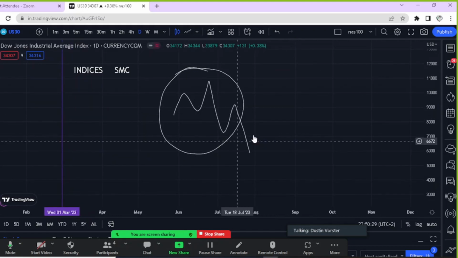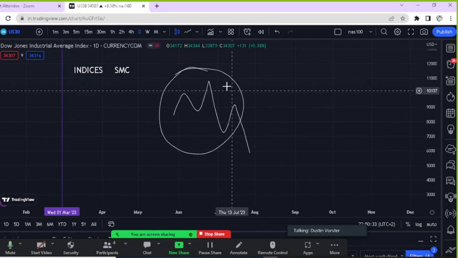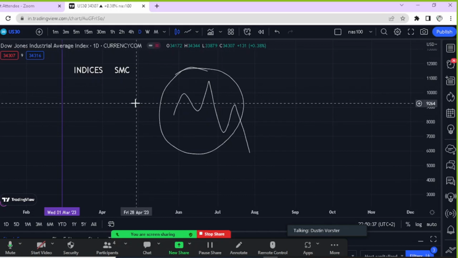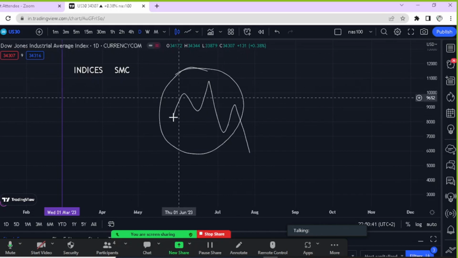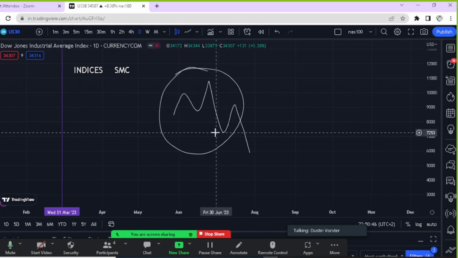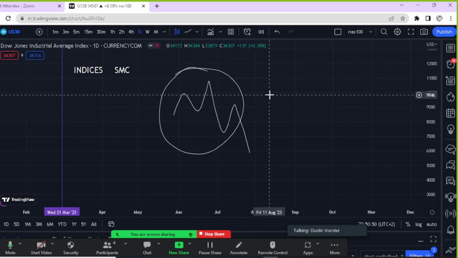So what I was saying is that when it came to entry criteria and confirmation, this change of character, I find, based on my experience with trading US30, happens the least. This will happen in a low volatile market. You will see a change of character like this happen at 8 a.m., which is 2 hours before London.